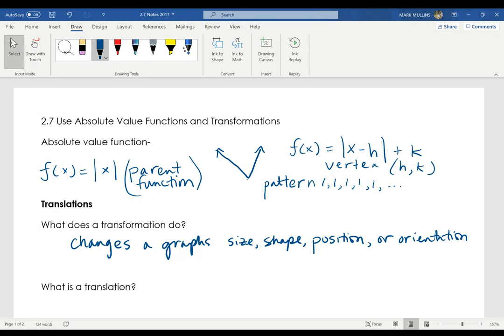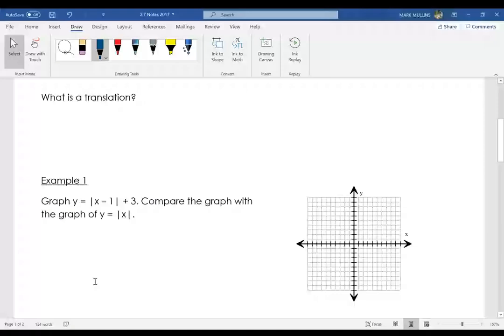So I need to go ahead and scroll up really fast. What is a translation? A translation is just going to change position only.